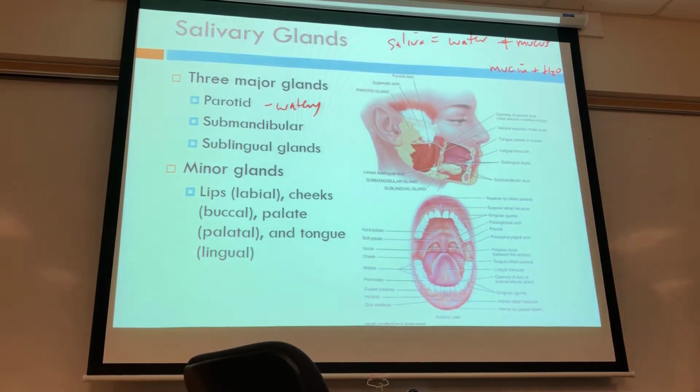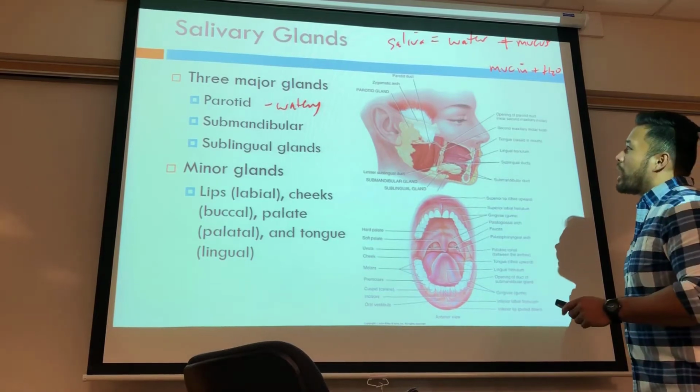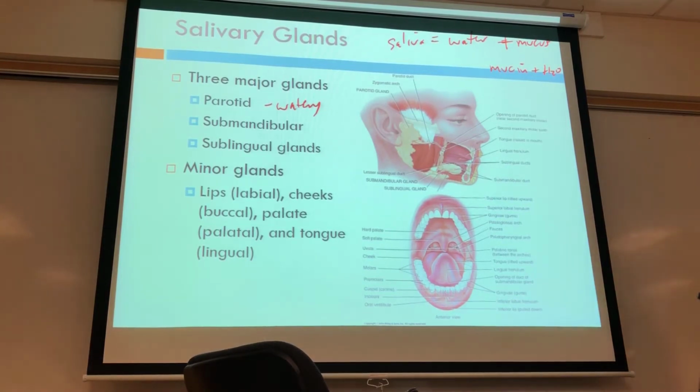So where does mucus come from? Mucus is present in saliva, but our submandibular and even more so our sublingual glands produce more of a mucousy saliva. So the sublingual gland typically produces a thicker mucus, as opposed to the parotid, which is going to produce more of a watery mucus. More to come on that a couple slides over.